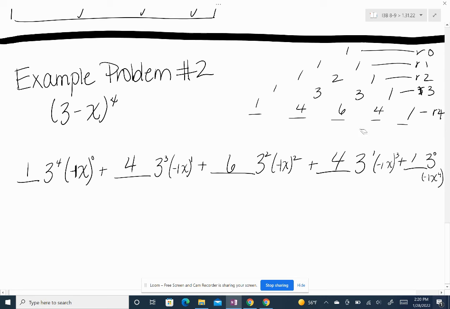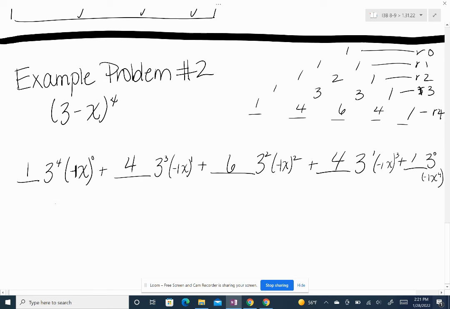So I have 1, 2, 3, 4, 5 numbers in my Pascal triangle. 1, 2, 3, 4, 5 blanks down here. Remember, this degree should match this degree over here as well. So we're doing the 4th row because we have a binomial to the power of 4.